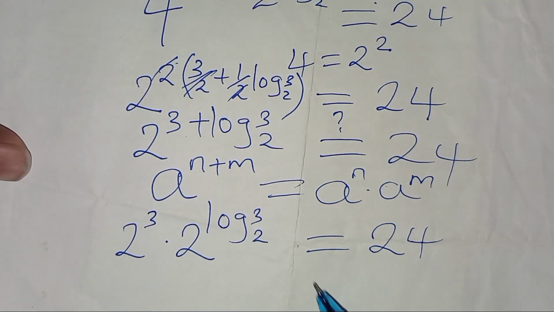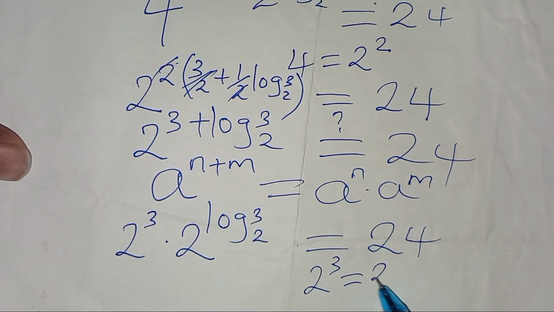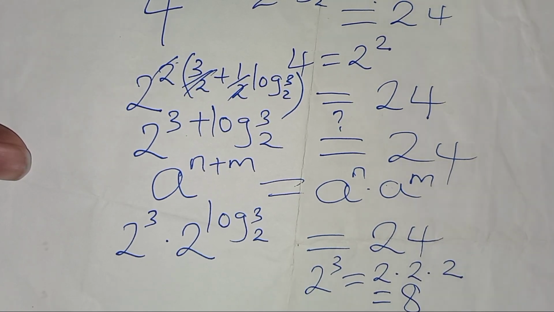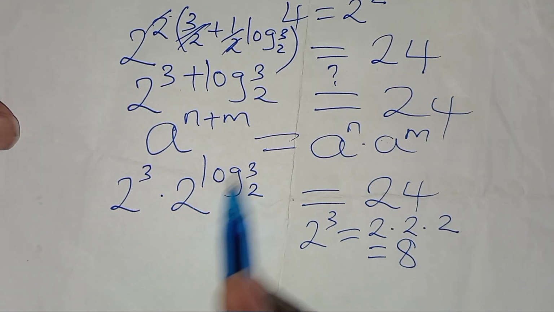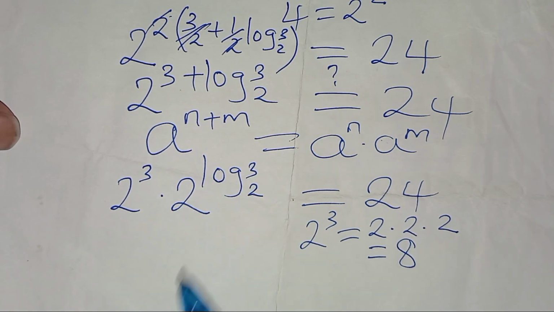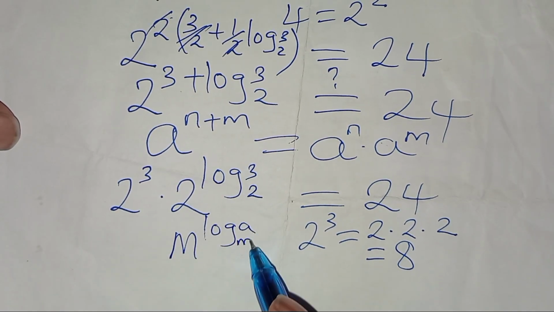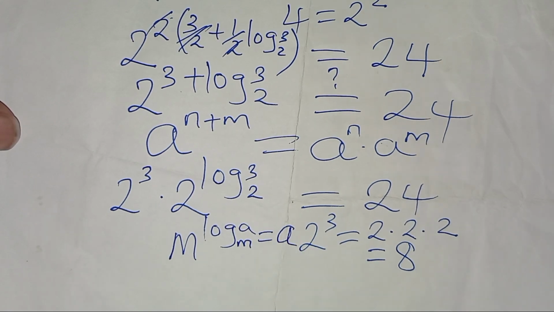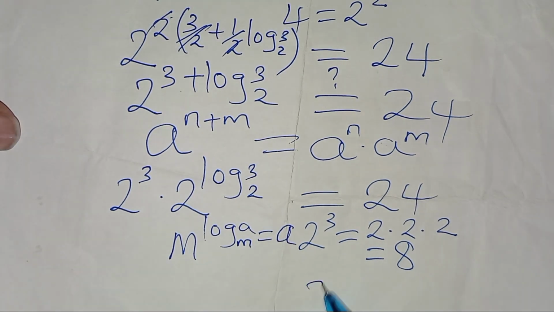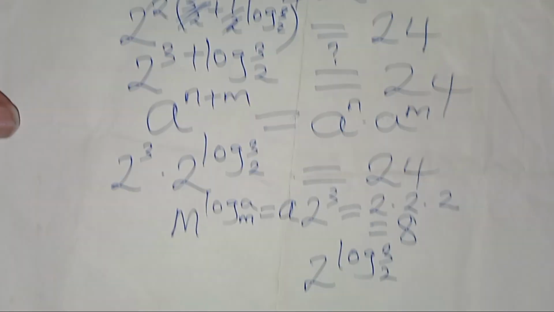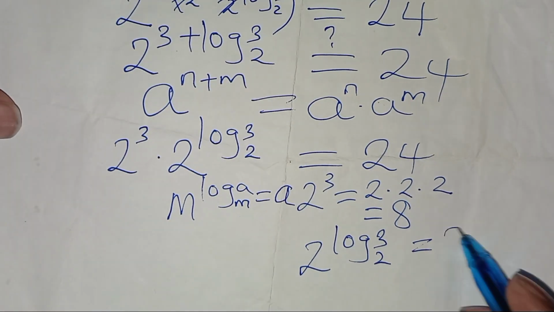Now you find that 2 to the power 3 is the same thing as 2 times 2 times 2, which is equal to 8. And then we have 2 to the power of log 3 to base 2. This is in the form of m to the power of log a to base m, which will give us a value of a. So that means that 2 to the power of log 3 to base 2 is essentially equal to 3.